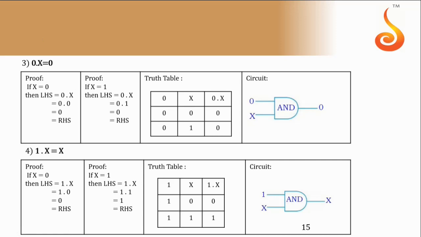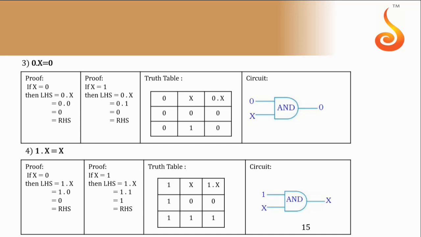X is 1. So 0 dot 1. Again, according to the truth table of AND, both the inputs should be high to get a high value, or both the inputs should be true to get a true value. So 0 dot 1 again is 0. Both should be true, then only you will get the output as true, otherwise it will be false. So 0 dot 1 is equal to 0 again, which is RHS.